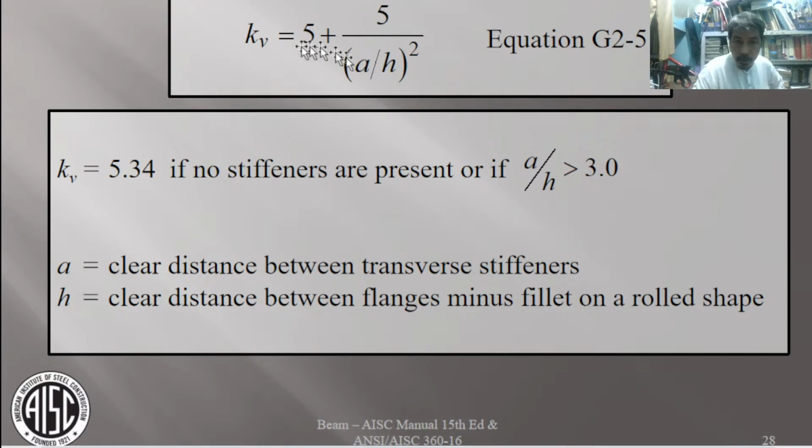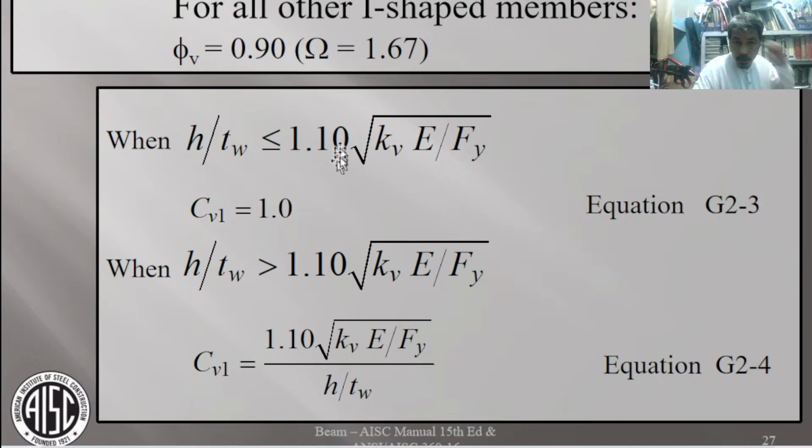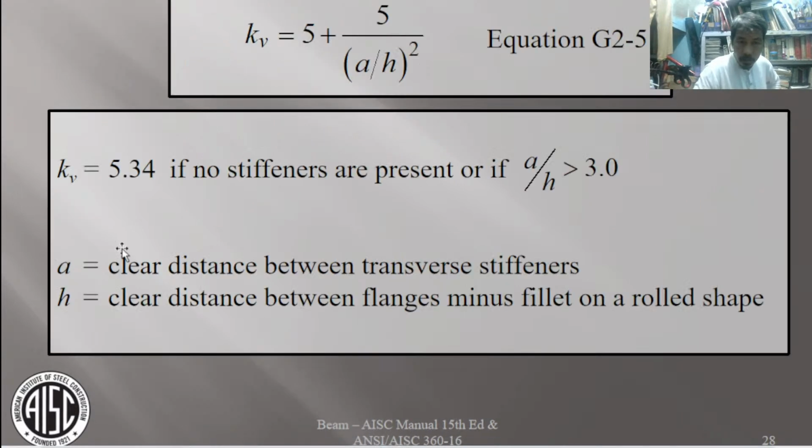So what is kV that we are talking about here? kV is the modifying factor. kV is 5 plus 5 over quantity A over H squared. So kV is equal to 5.34 if no stiffeners are present, or if A over H is greater than 3.